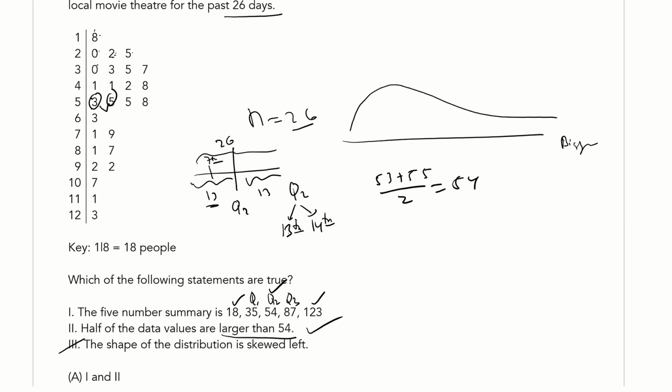So 1, 2, 3, 4, 5, 6, 7. So this is the first quartile, 35. So that's true. And then we got to count from here because that's where we sliced it in half for the second quartile. So 1, 2, 3, 4, 5, 6, 7. So this is 81, and that is incorrect.